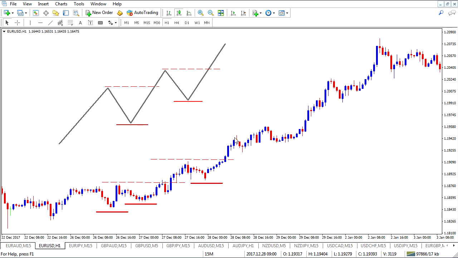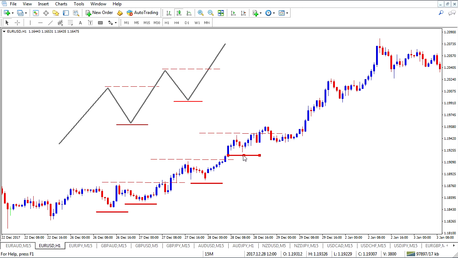Market comes up, makes a swing high, comes down, moves back up again. And then once we get a move just above that swing high, the new stop loss is moved to that new level. And that repeats itself over and over and over again until we eventually get stopped out.